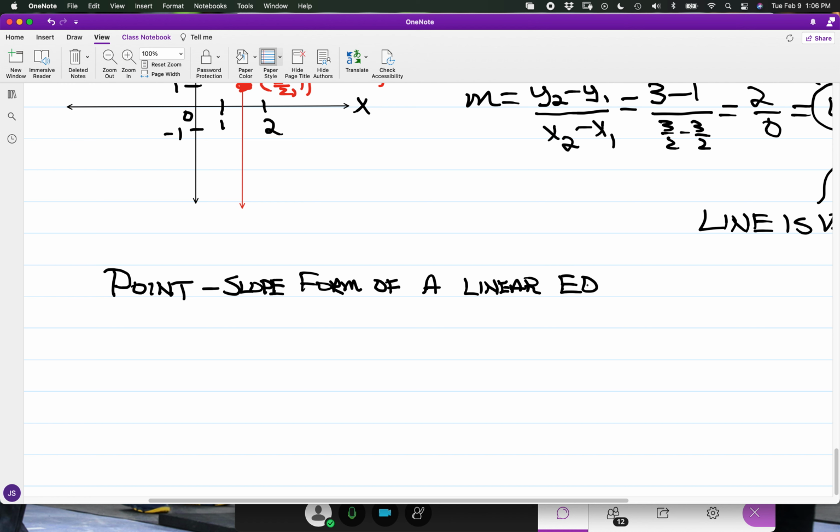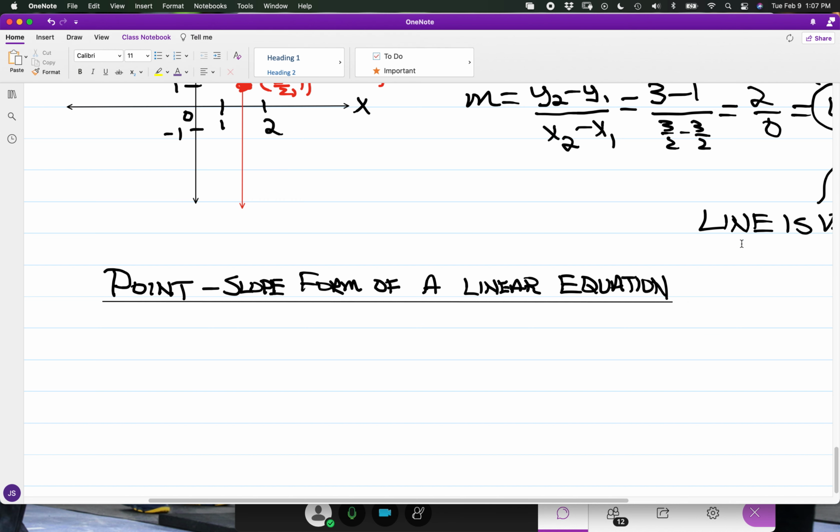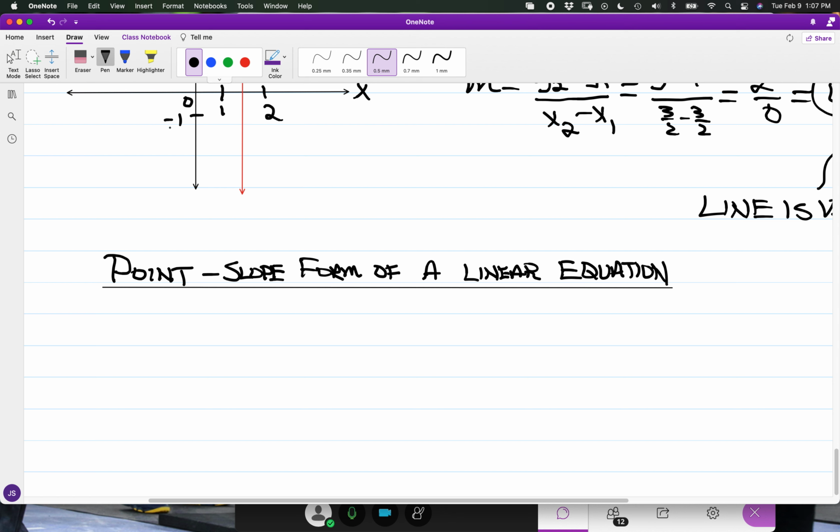Okay, and so for what we have in the setup of the point slope form, this is going to be kind of like a backdrop to yet another type of linear equation.